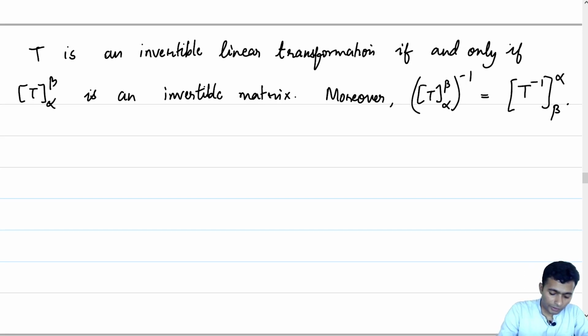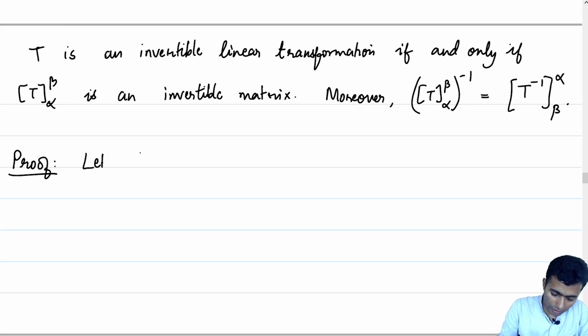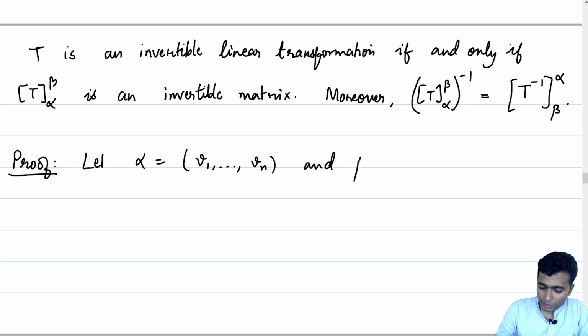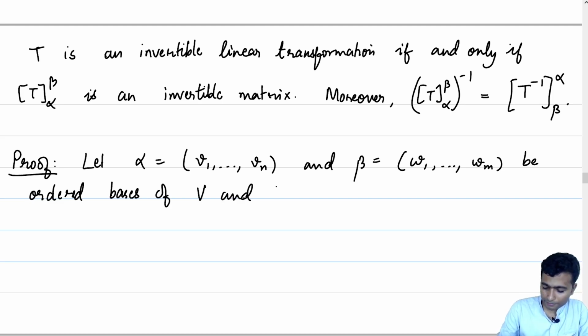So, let us give a proof of this statement. We are given alpha and beta. Let us once and for all, in the context of this proof, let alpha be equal to V1 to Vn and beta be equal to W1 to Wm, ordered bases of V and W respectively.